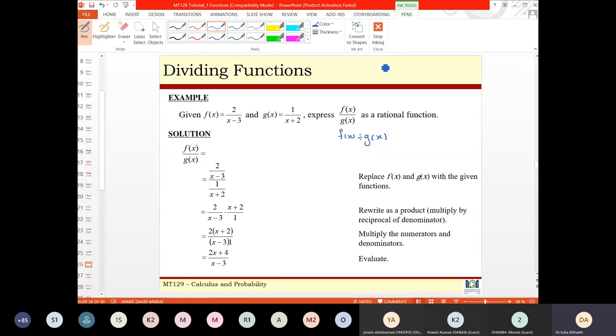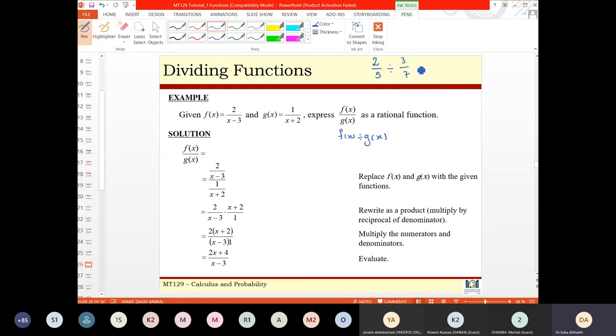Let's recall how to divide fractions. If I have, for example, 2 over 5 divided by 3 over 7, how do we do this? We say division is a multiplication with the reciprocal, or we say we flip the second part.